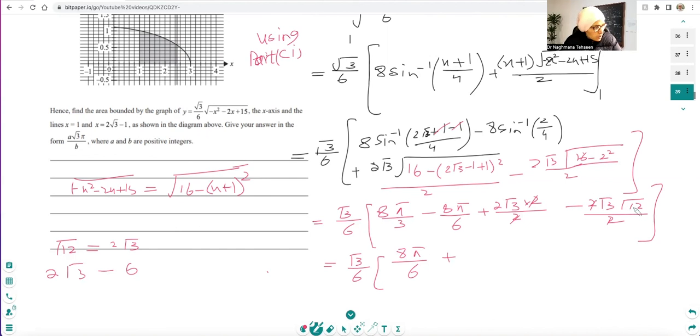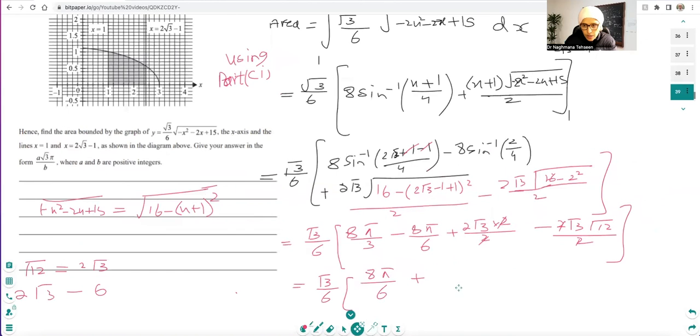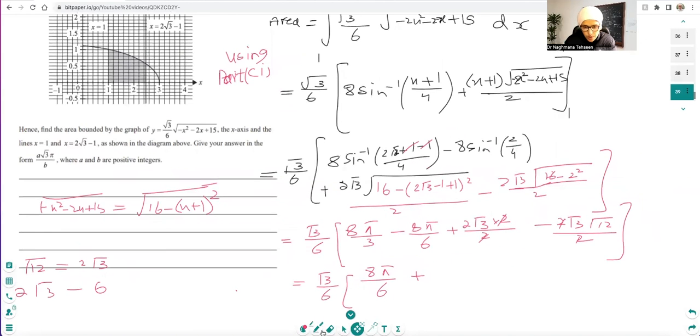Root 3 minus root 12. I think these two have to cancel out there. Because we get 2 root 3 in there, so this one is root 12. Just one second. So what I was doing in here is x is equal to 1. I think I just messed it up. So when x is 1, there is no root 3 in here.